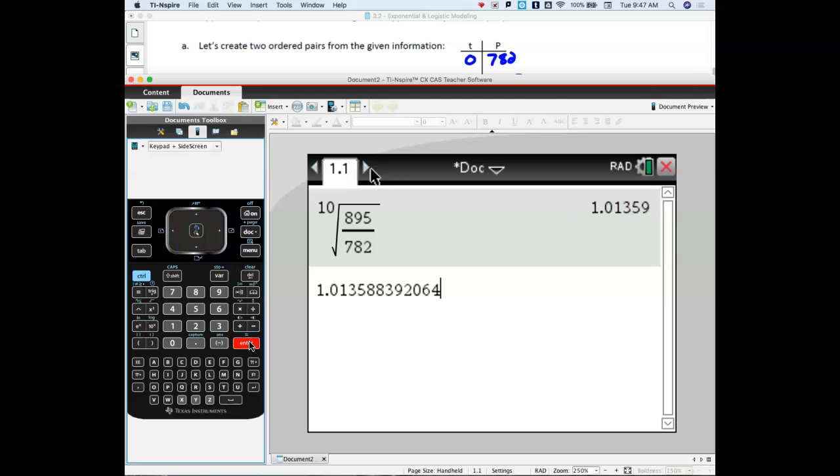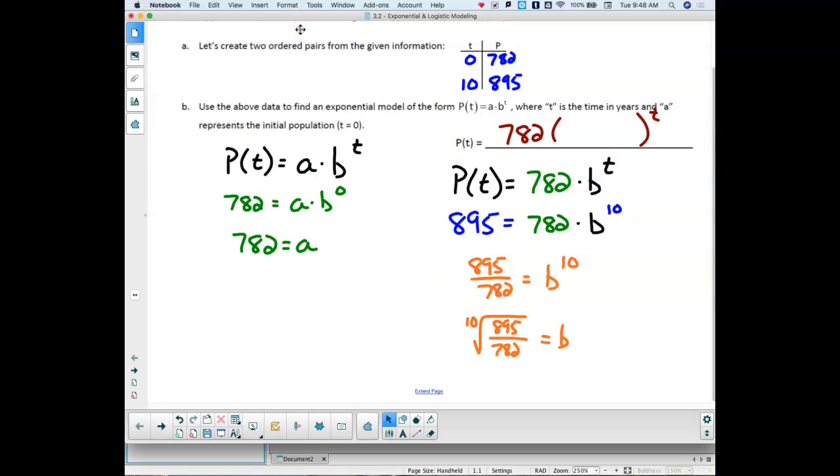Really, I get 1.0135883920064. So this is 1.01359.